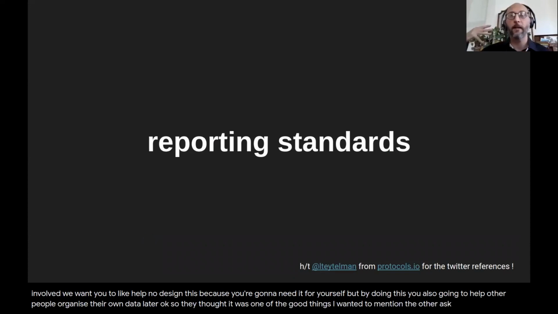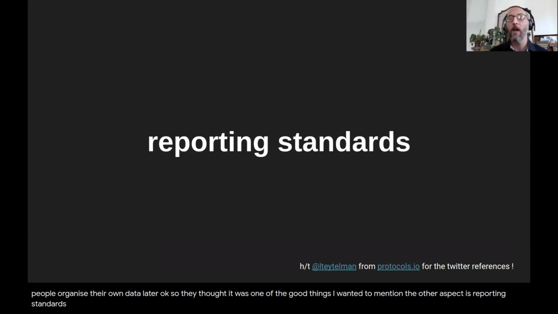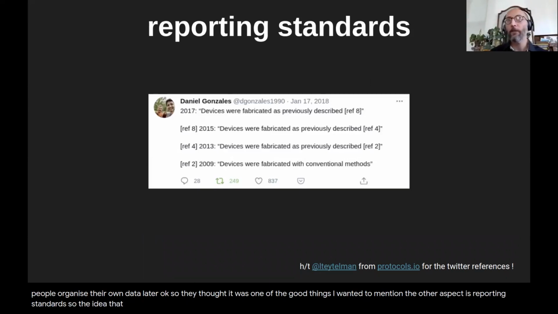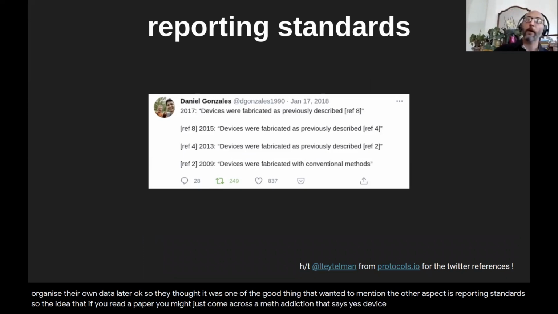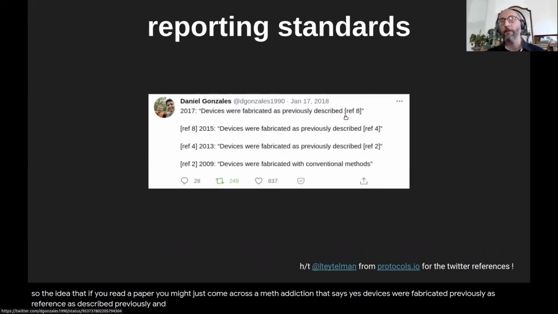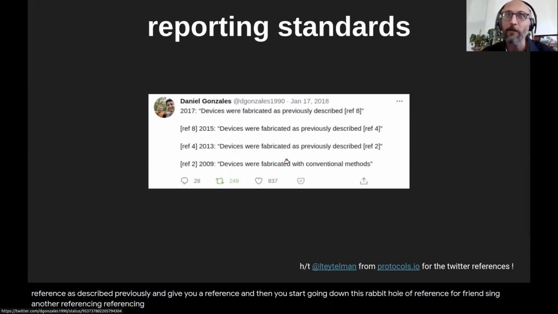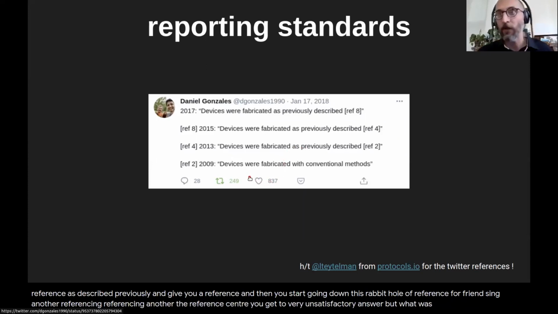The other aspect is reporting standards. If you read a paper, you might come across a method section that says, devices were fabricated as described previously, and it gives you a reference. And then you start going down this rabbit hole of referencing another reference and another reference until you get to a very unsatisfactory answer about what was actually done, right?